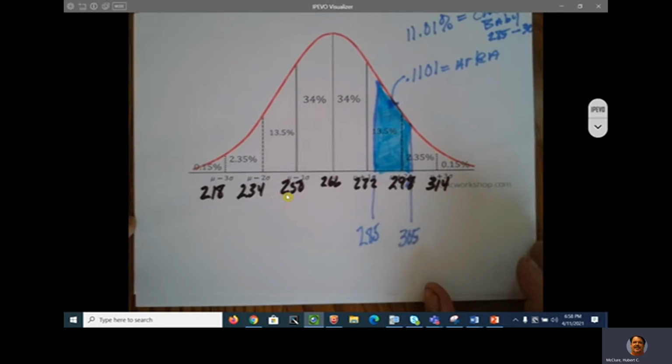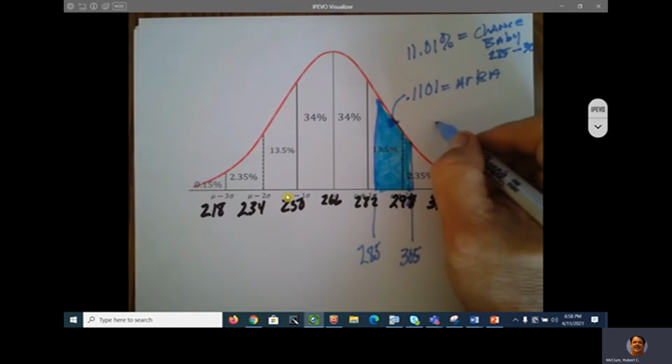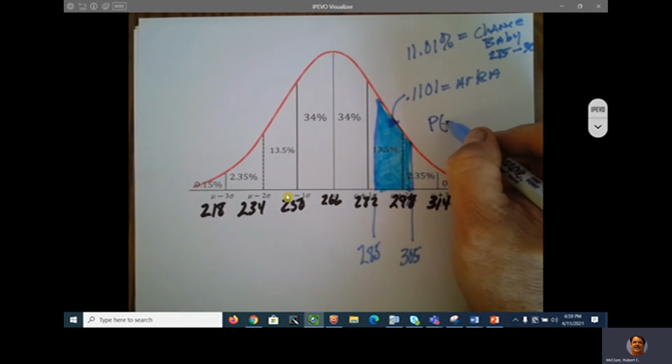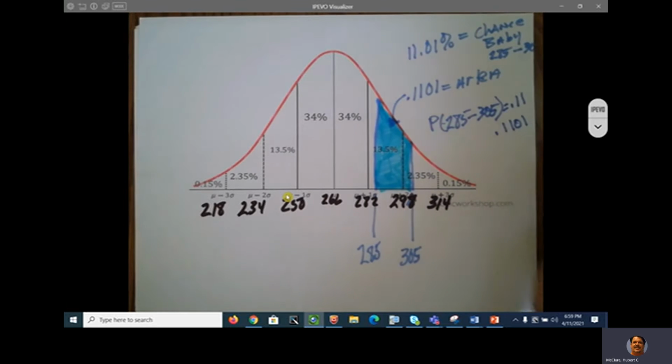Or you can say the probability of having a baby between 285 and 305 is equal to 0.11 or 0.1101.